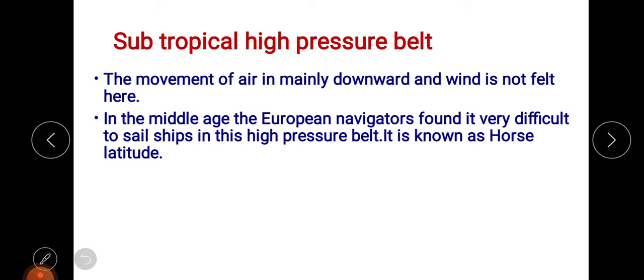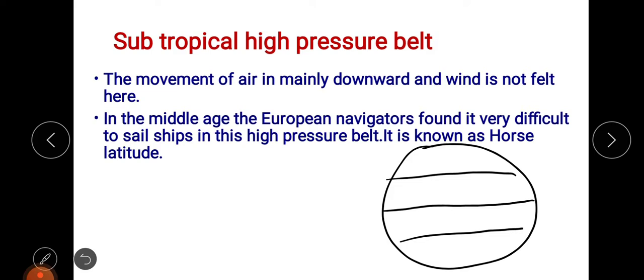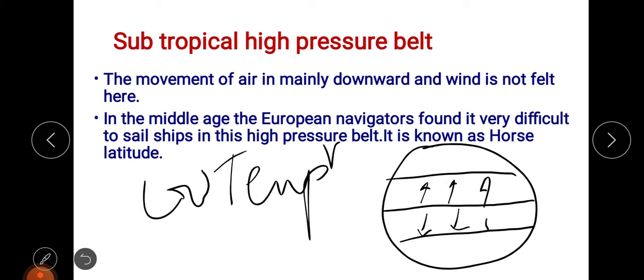Suppose this is the earth, this is the equatorial region, and these are the two subtropical high pressure belts. Warm air rises upward like this and becomes cold. And if the temperature is low, then the pressure will be high.